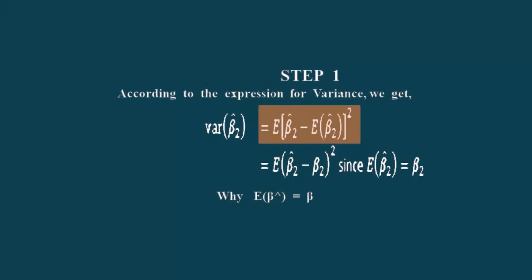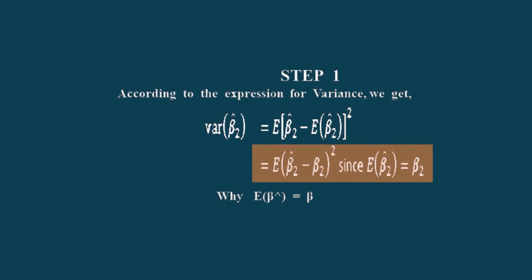beta 2 hat, which is the value of the slope coefficient, minus expectation of beta 2 hat whole square. This expectation of beta 2 hat is related to the mean that we have already computed when we did the unbiasedness property. So from there we can see that expectation of beta 2 hat is replaced by beta 2.